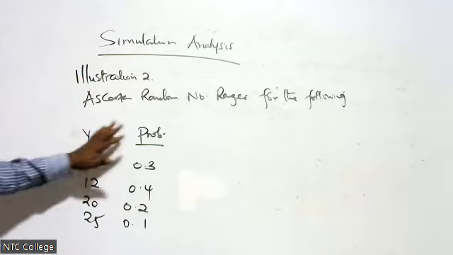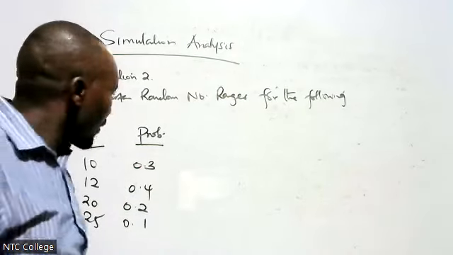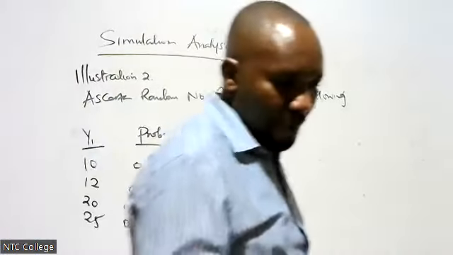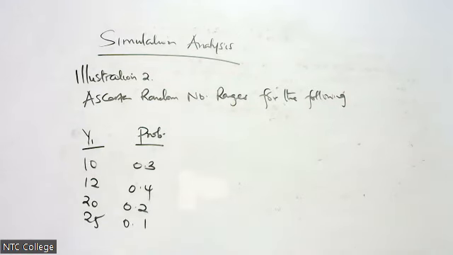In case you're given something like this, what are the random number ranges? Just do it, and when you are done, let me know. You'll read for me that the first one is between this and this, the second one between this and this.